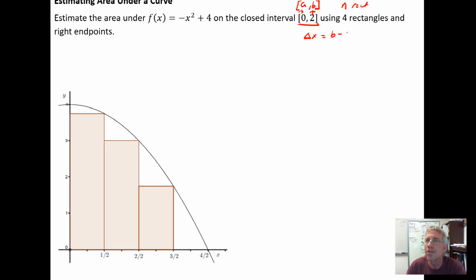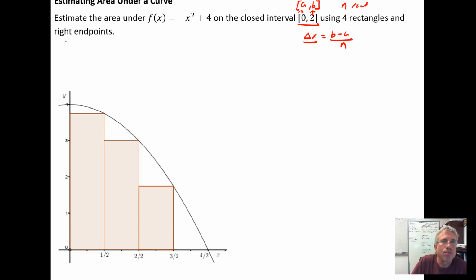You do b minus a, the right endpoint of the interval minus the left endpoint of the interval, to get the length of the line segment you're working over. And then you divide that by n, the number of rectangles you're working with, and that will give you the width, delta x, of each rectangle that you're going to construct.